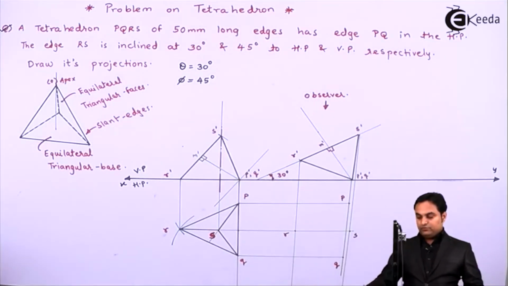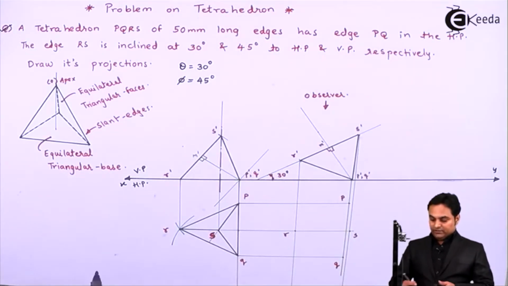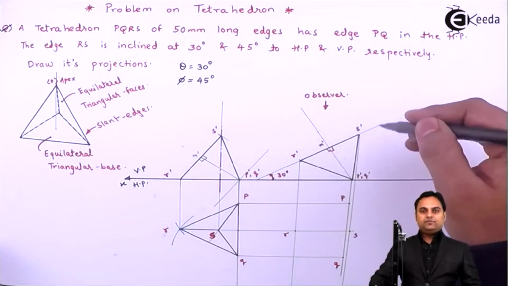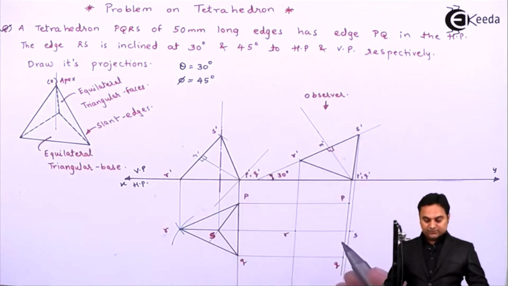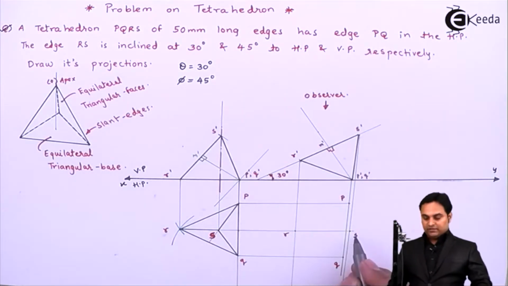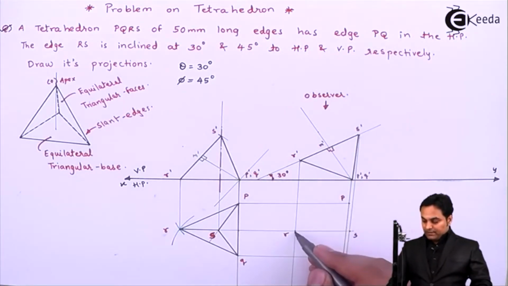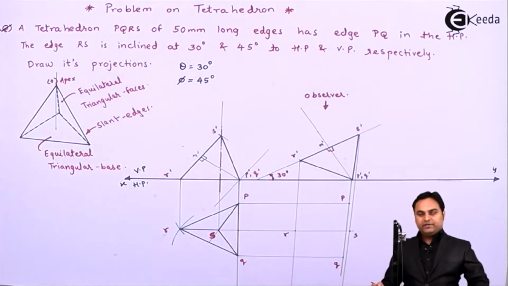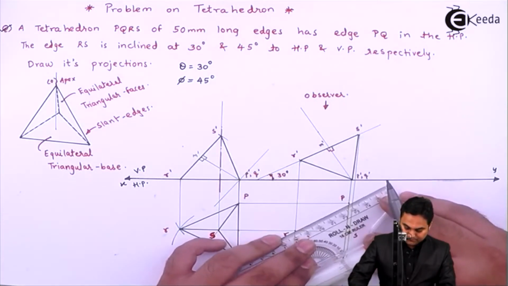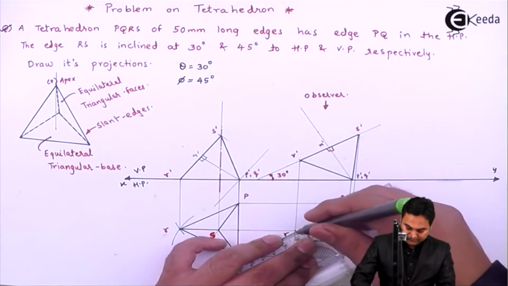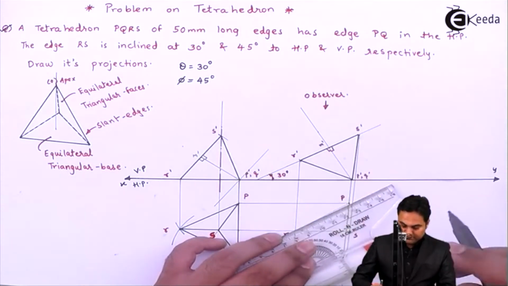Next, we have to join them, and for that, if we are looking at it as an observer from top, R dash S dash will be visible, so that will be a dark line. Next, P to R, P to S, S to Q and R to Q will be connected because they are outline, so they will never be hidden because outlines are never hidden in drawing.